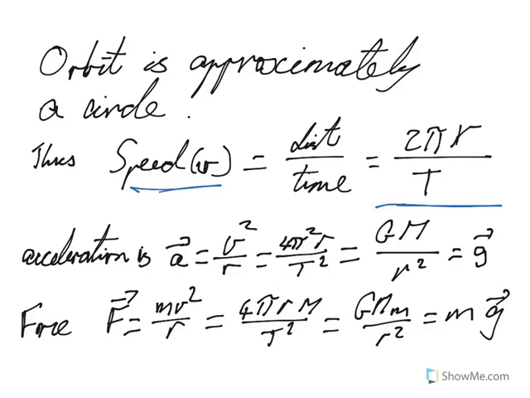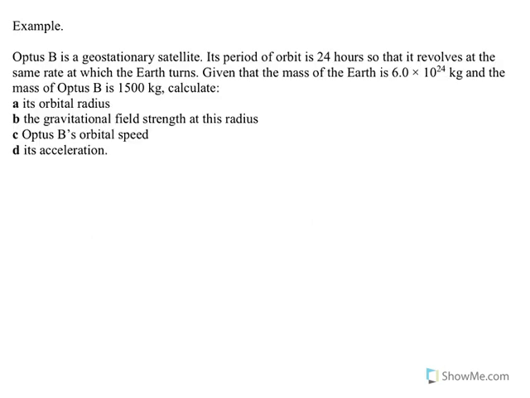So let's have a look at an example. Optus B is a geostationary satellite, so here's the first thing we need. Geostationary means it stays over the same spot on the Earth.